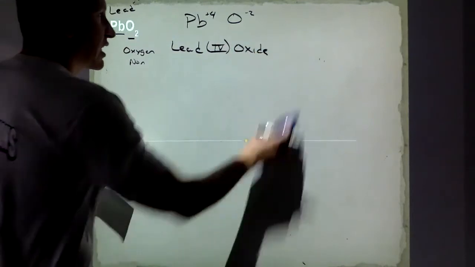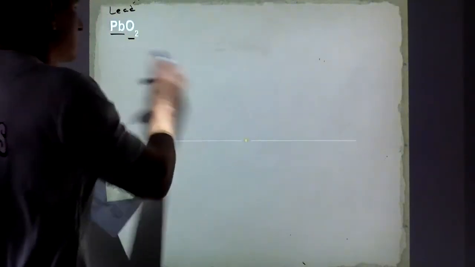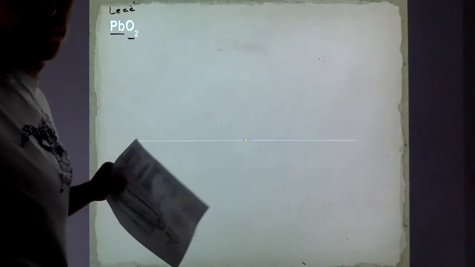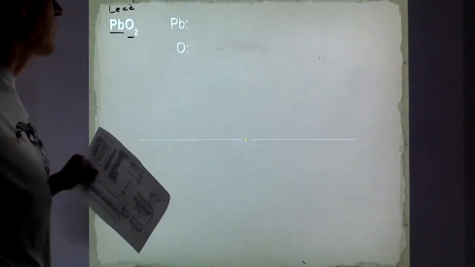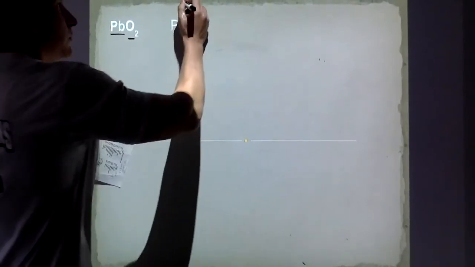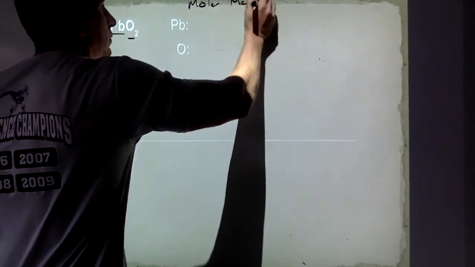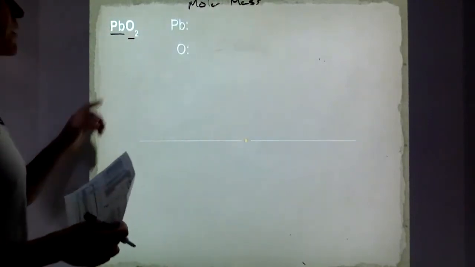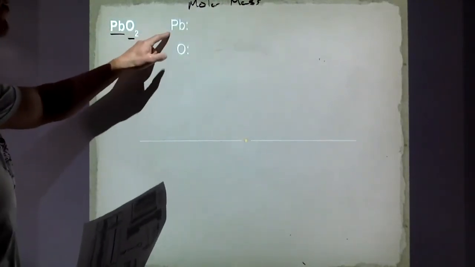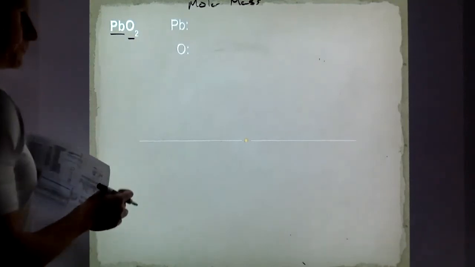All right, now let's get into the actual molar mass of this one. Okay, so when we have to solve for the molar mass, first of all, recognize that you have 2 elements in this compound. There's lead and there's oxygen.